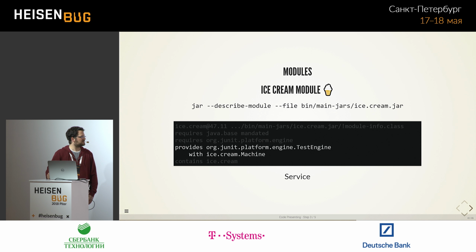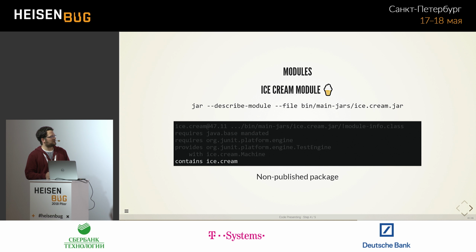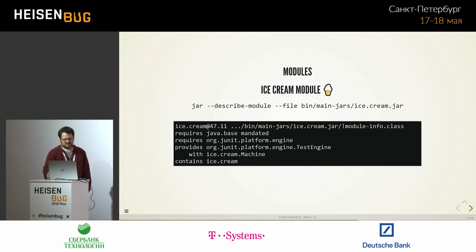And it tells the service loader mechanism, yeah, we have a platform engine, a test engine implementation, with our class we have here, which also must not be, or may not be published. You can publish it, but it doesn't hurt if you have not exported that package your implementation lives in.